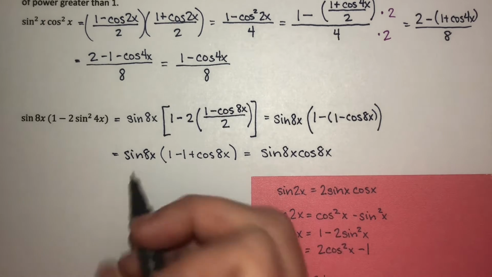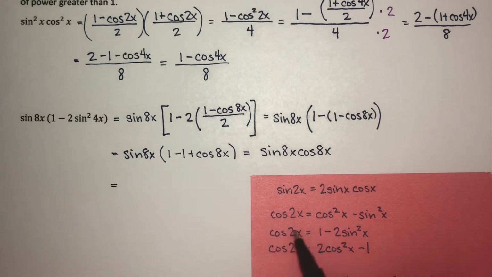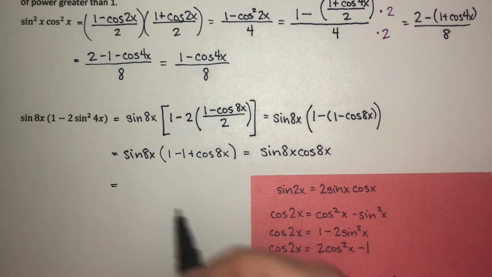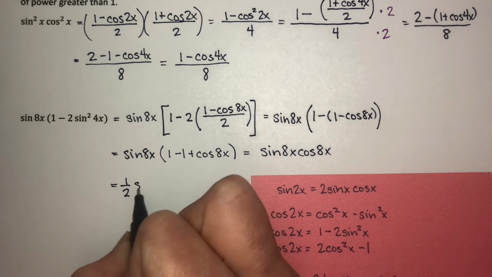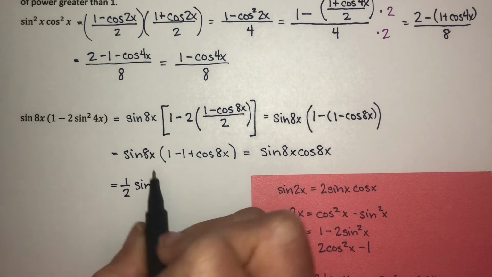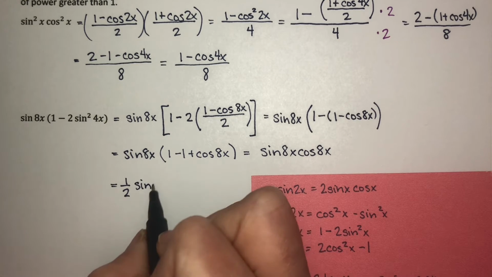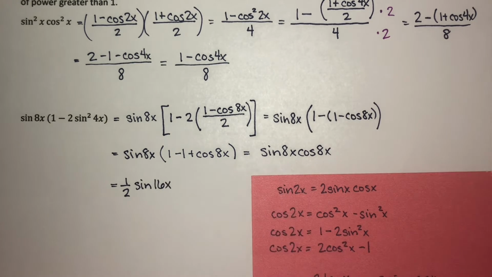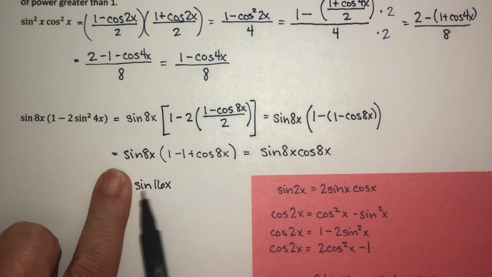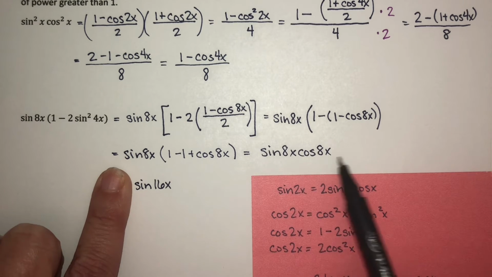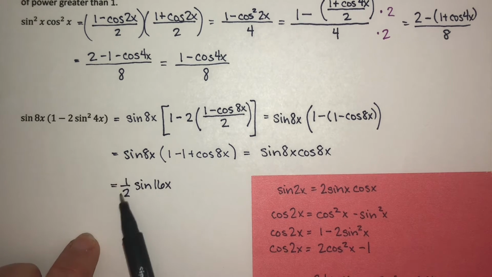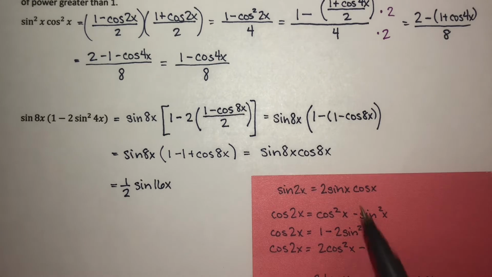They will likely want you to recognize this and to write this as basically half of sine of 16x. Because if you wrote this using the double angle formula, it would be 2 times sine 8x cosine 8x. That's why we divide it by 2, so that 2 is taken care of when we make the conversion.